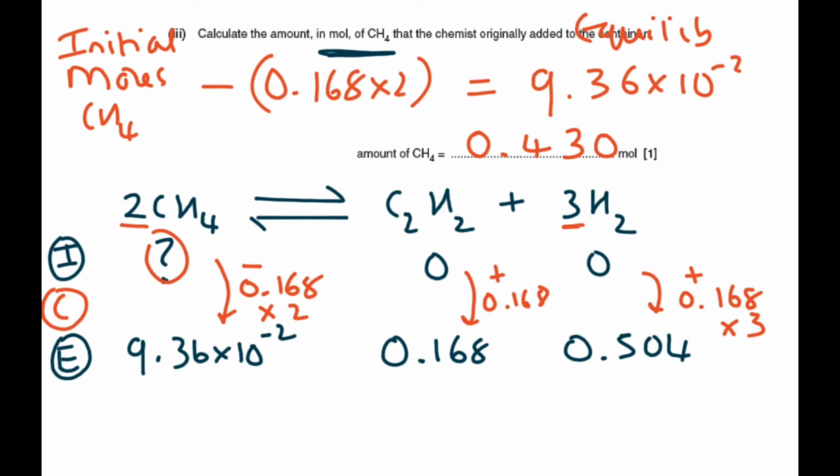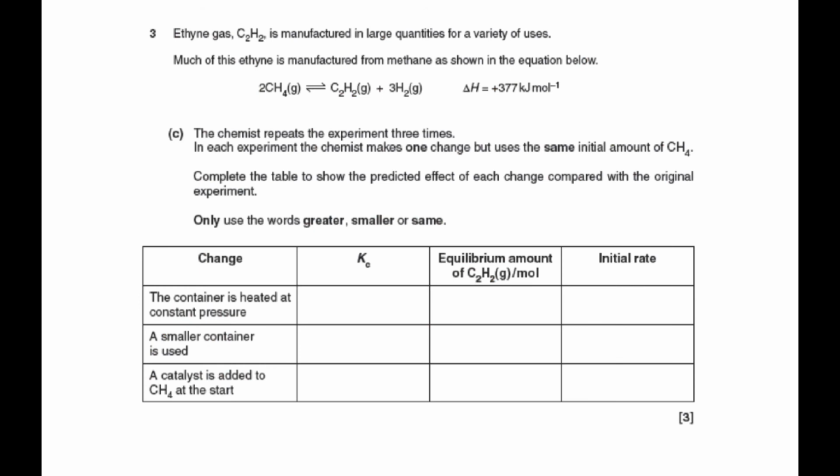Right, and the last part of this question, part C, so let's have a look through. It's the same equation. The chemist repeats the experiment, makes one change. Complete the table to show the predicted effect. You can only use the words greater, smaller, or same. So let's start with the container is heated.